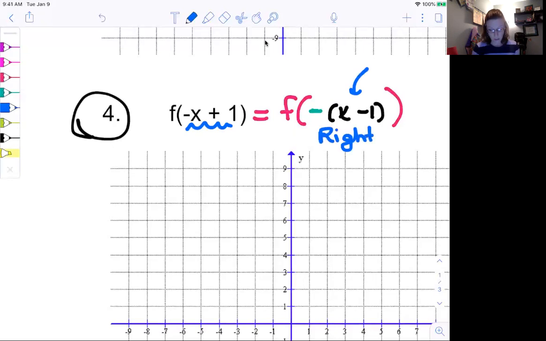And this is tricky. Yes, the x is negative, so besides moving right 1, it's going to reflect over the y. So reflect over the y-axis, and then it's moving right 1.